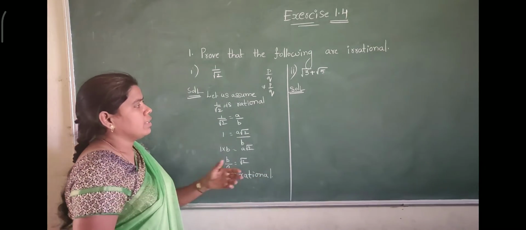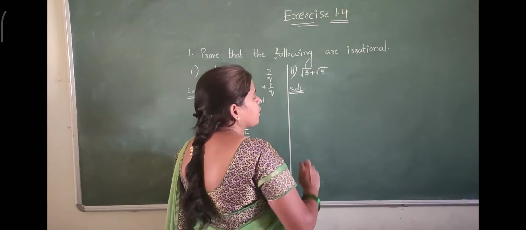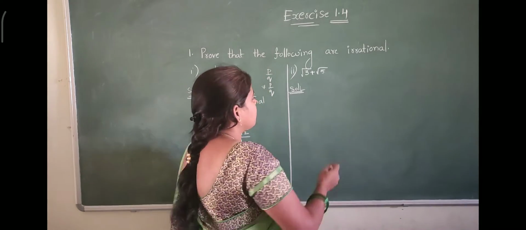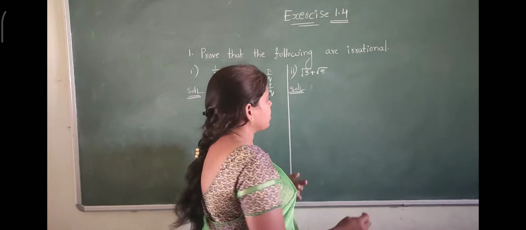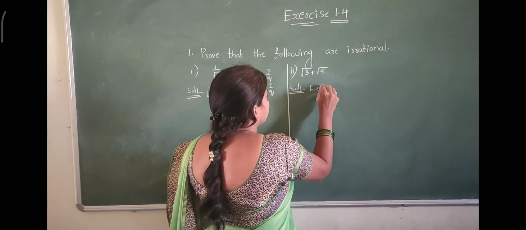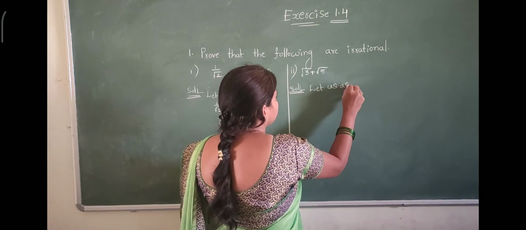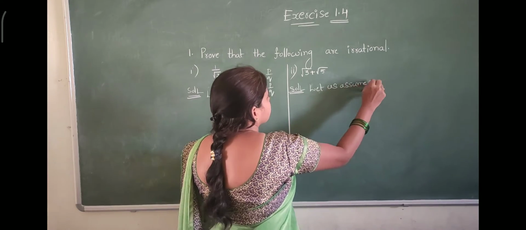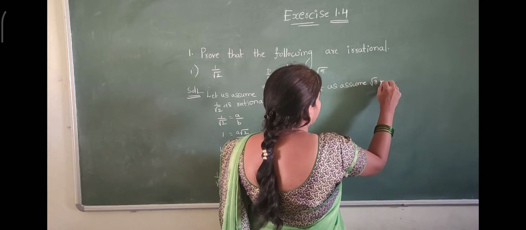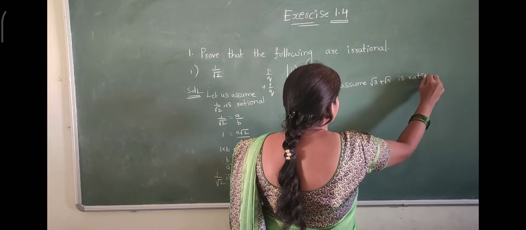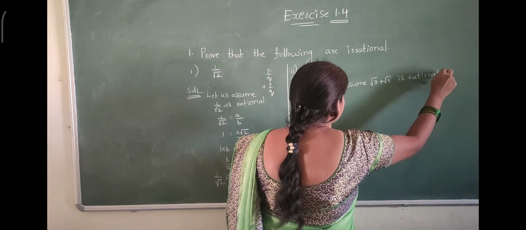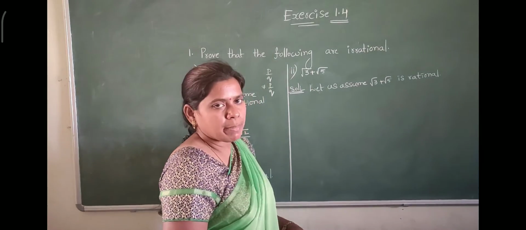Go for the next problem. Here also we are using the contradiction method. First of all, let us assume root 3 plus root 5 is a rational number. So, what is the form of a rational number? a by b.